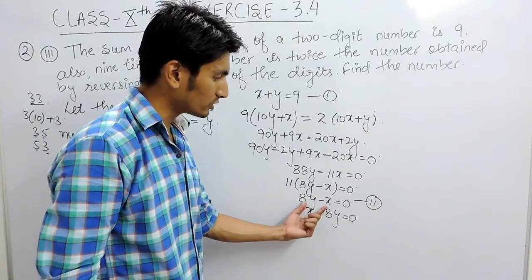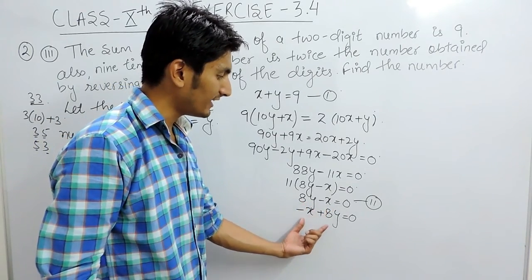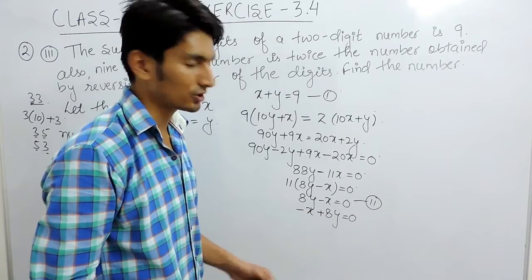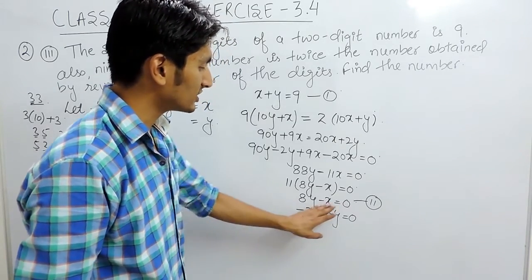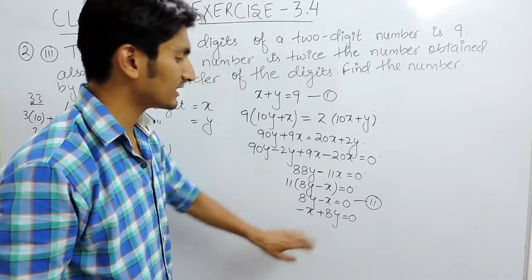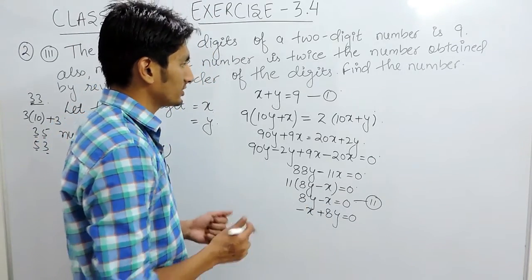Because the values are on the left hand side, the sign should not be changed. I am only shifting the terms, so in this case the sign does not get changed.